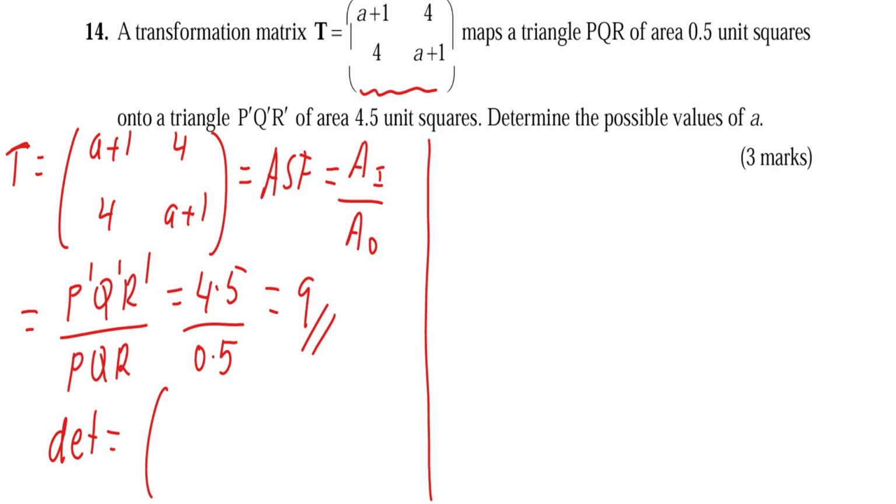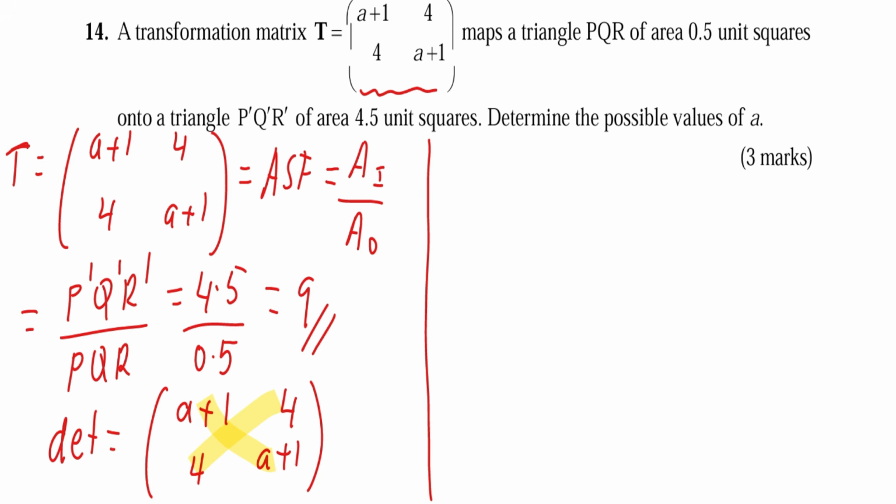So you need to find the determinant of the transformation or the matrix T that we've been given, which is this one. Now, the question is, how do you find the determinant of this matrix? We know that the determinant is given by the main diagonal minus the other diagonal.